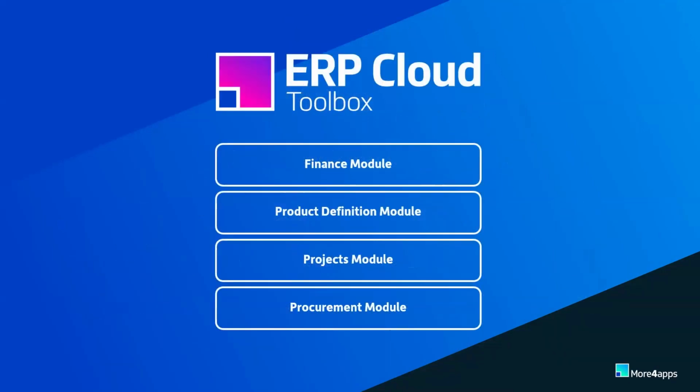So we offer a suite of tools called the ERP Cloud Toolbox, and it's a spreadsheet integration platform designed specifically for Oracle Cloud Fusion, striking the perfect balance between usability and power. It has 4 modules, each of them focused on a separate area of the ERP, and within each of those are a number of tools for the specific data entry requirements.